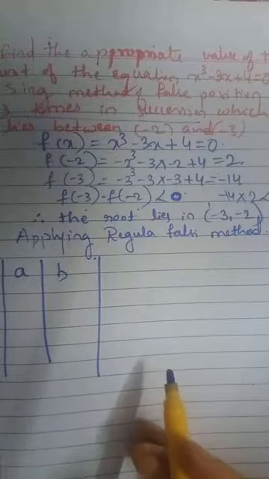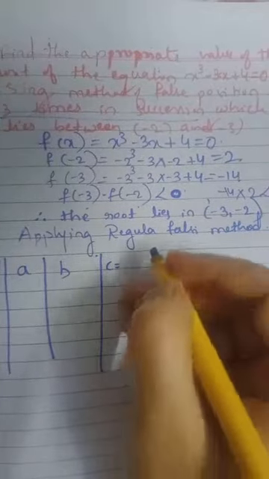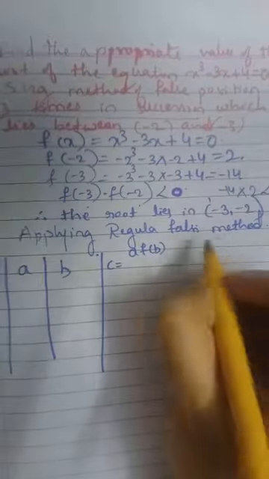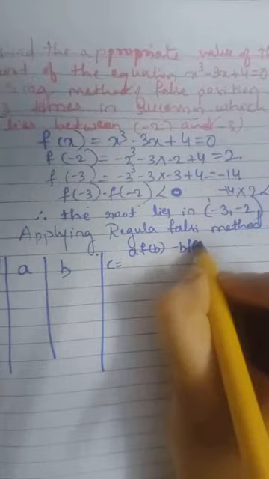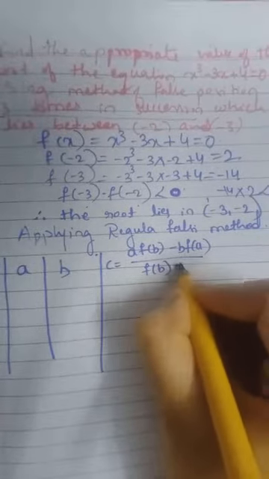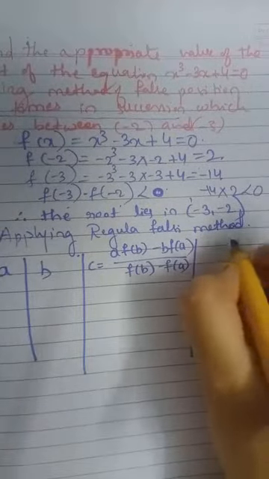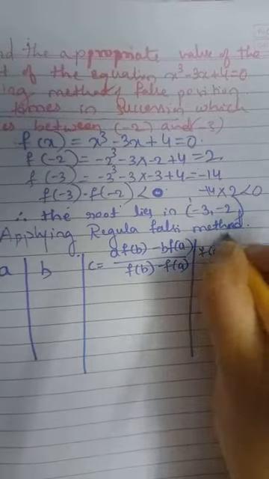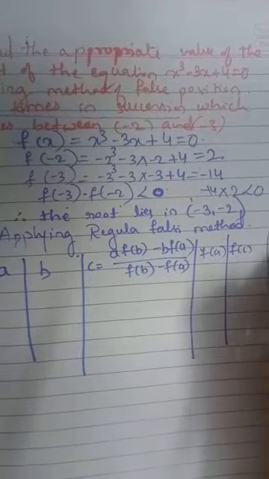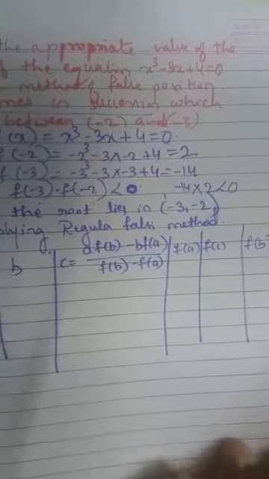What is the formula to find C with respect to regular falsi? C is equals to A into f of B minus B into f of A, divided by f of B minus f of A. Next is a column for f of A, next for f of C, and then the last column is for f of B.